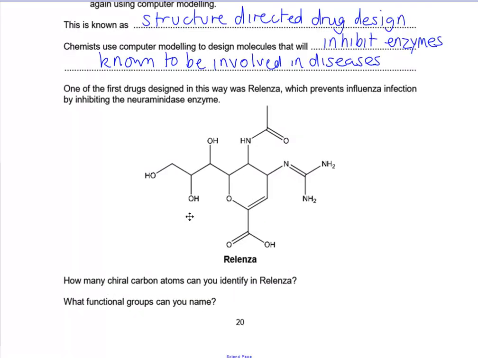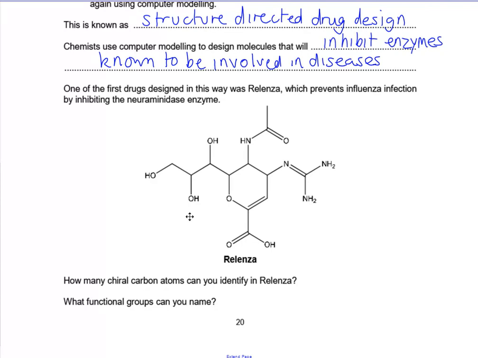Chemists use computer modelling to design molecules that will inhibit enzymes known to be involved in diseases. One of the first designed drugs was Relenza, which prevents influenza infection.